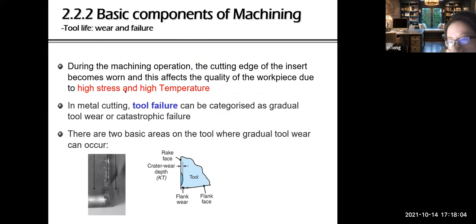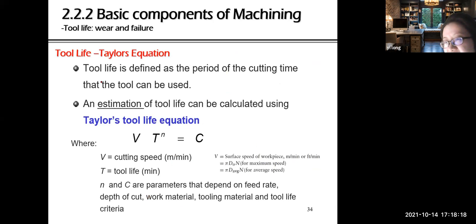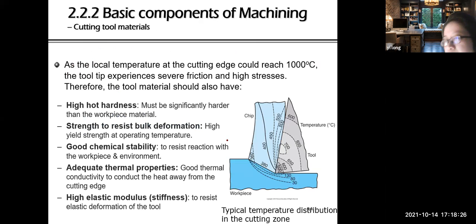Tool failure. Yeah, tool failure. Also, every time there is any testing with equations, I'm going to give them to you, so don't worry, there's no need.